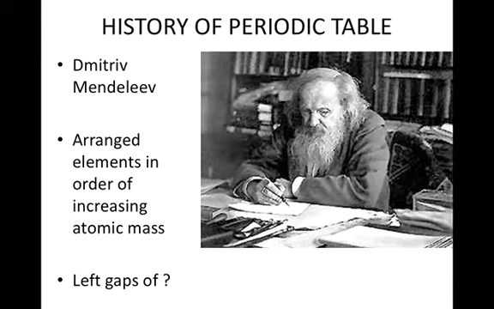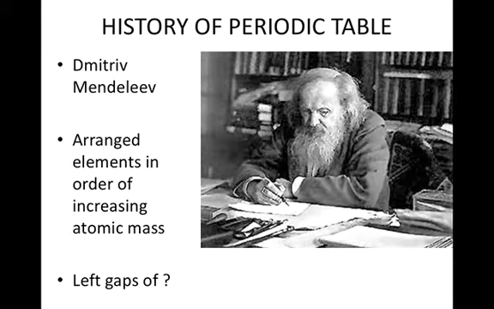This crazy looking dude right here is a Russian chemist named Dmitry Mendeleev. All right, say his last name, please. Mendeleev. He arranged the elements in order of increasing atomic mass. Remember that all the mass of an atom can be found in the nucleus.